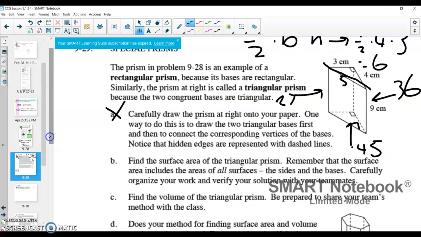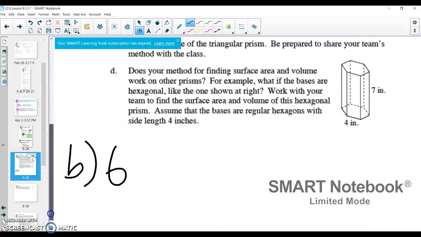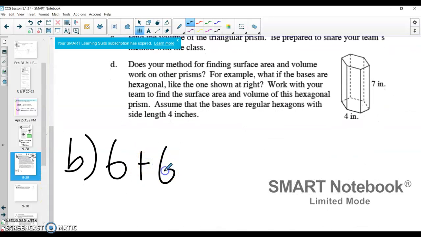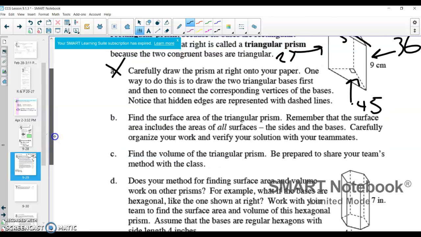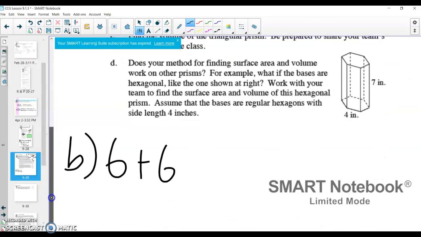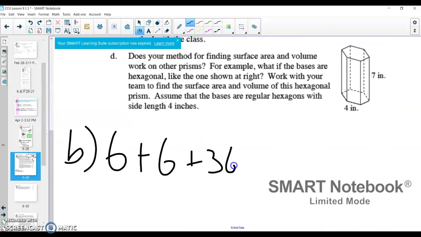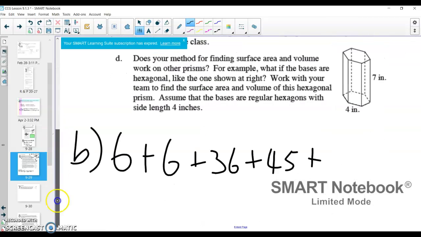Okay, so now I have my 3 lateral faces I can add, and I have my 2 triangles I can add. So I have 6 plus 6 from the top and bottom triangles, then plus 36, plus 45, and what was my last one? Plus 27.